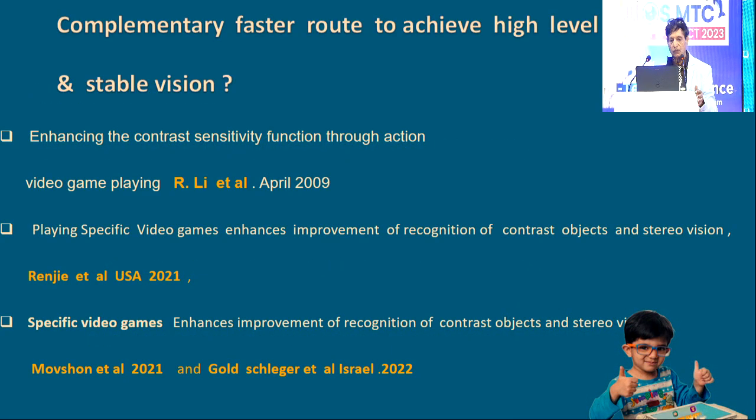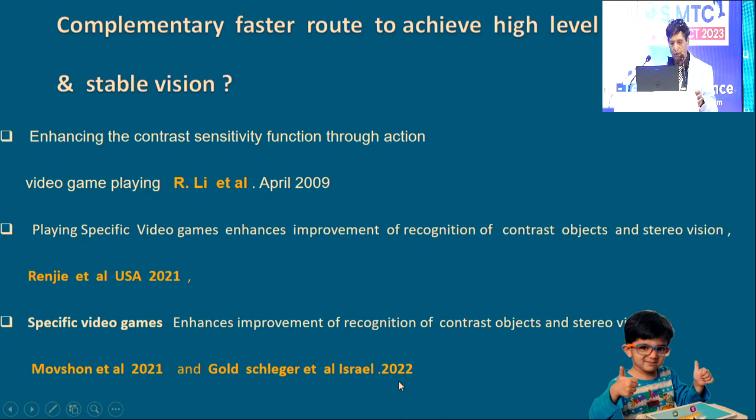There is a complementary, faster route to achieve high-level and stable vision without any instrument or equipment. It's a very simple thing: enhancing the contrast. There are so many references. In 2009 they also started enhancing the contrast sensitivity function through action video games.